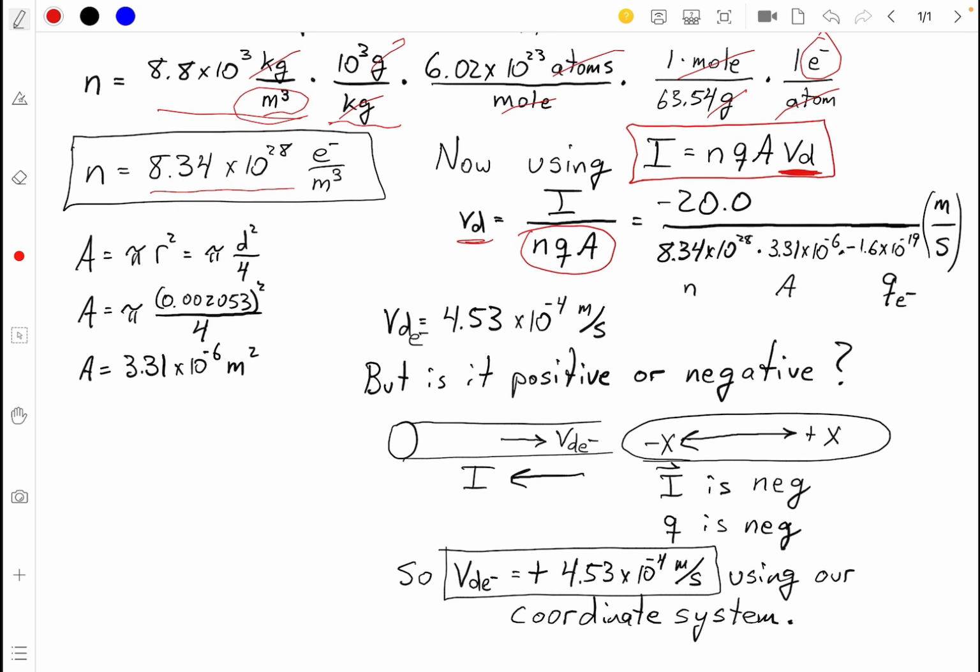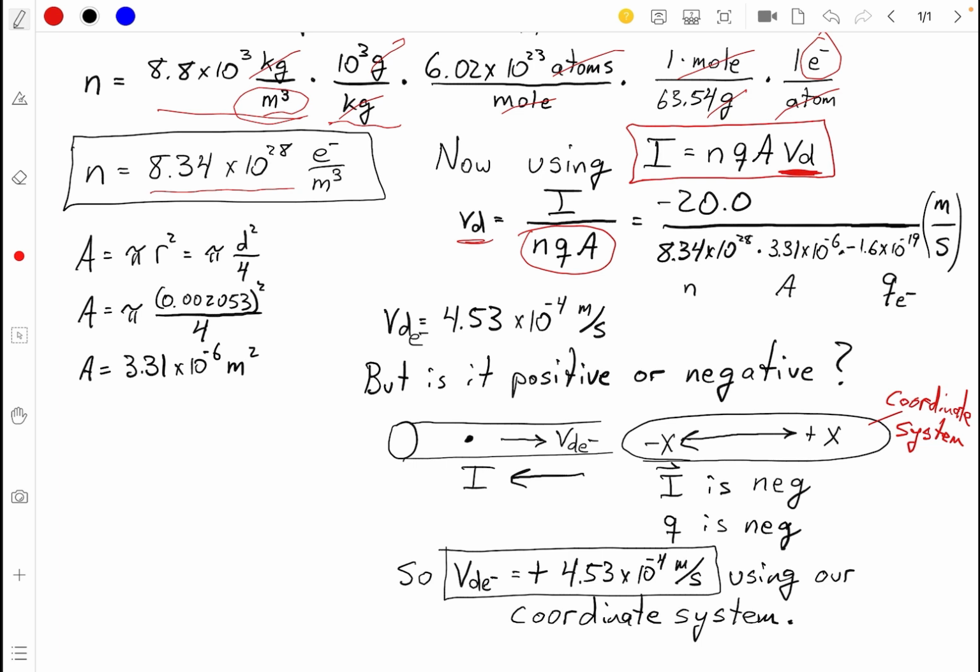You've got to define a coordinate system. There's just no way around it. So my coordinate system is here. I'm saying to the right is positive, and my electrons are moving in this direction.